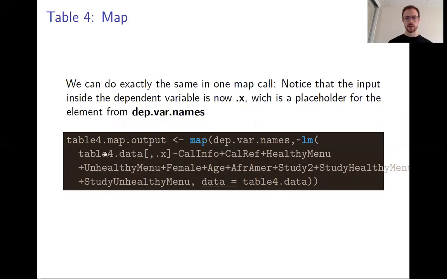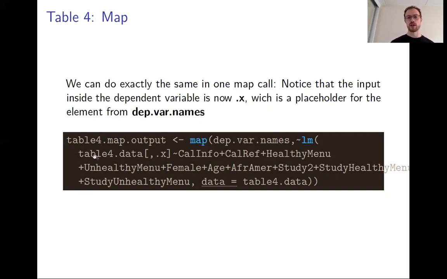And I say that it should take as a dependent variable the current name of the iteration from the dependent variable. You can see that I changed the input here to this .x, and .x is simply a placeholder that says in this anonymous function, use the element from the list of dependent variables instead of .x.